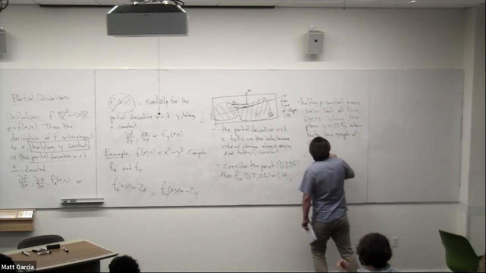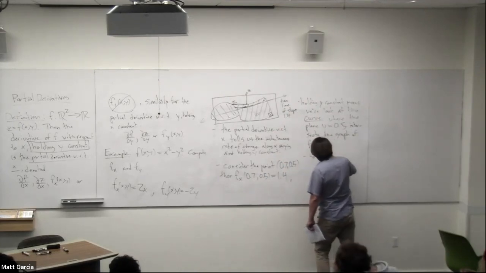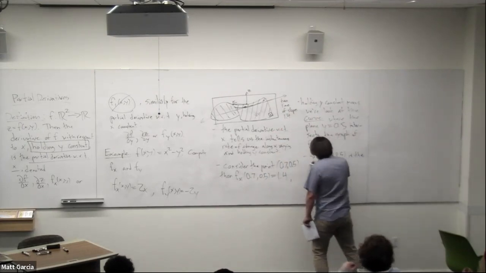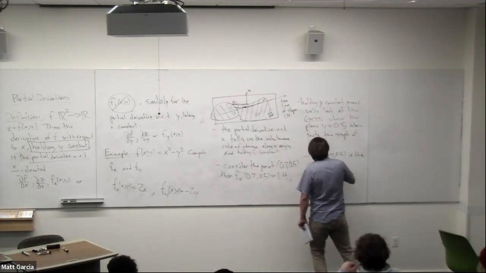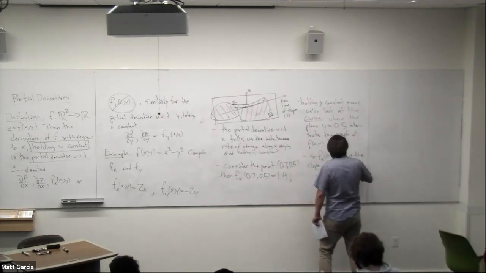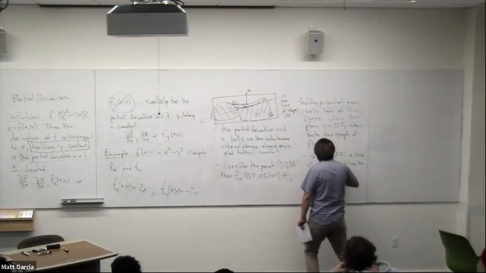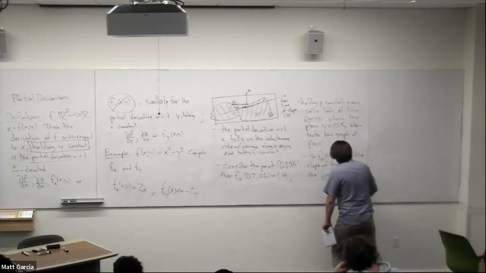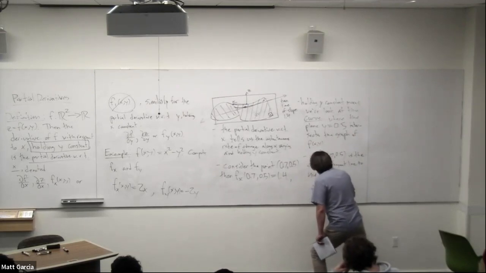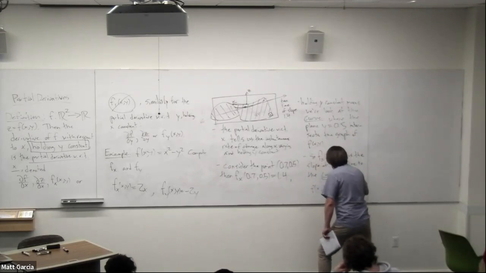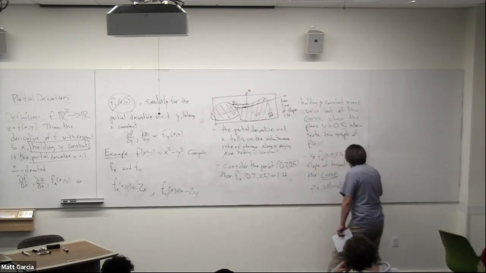So algebraically, let's just reiterate that f sub x evaluated at (0.7, 0.5) is the slope of the tangent line to the curve f of x comma 0.5, which is just equal to x squared minus 0.25.